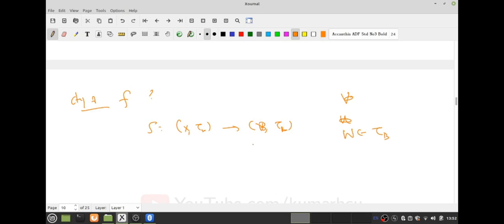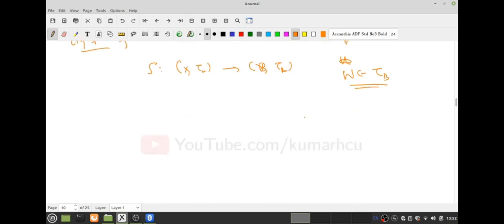I want to show this is continuous, therefore I start with w in this. But since w is in τ_B, there exists a v in τ_Y so that w equals v intersection B. Do you understand that? Okay, so what do I have to check? To check the continuity of f, I have to check whether f inverse of w is in τ_X.